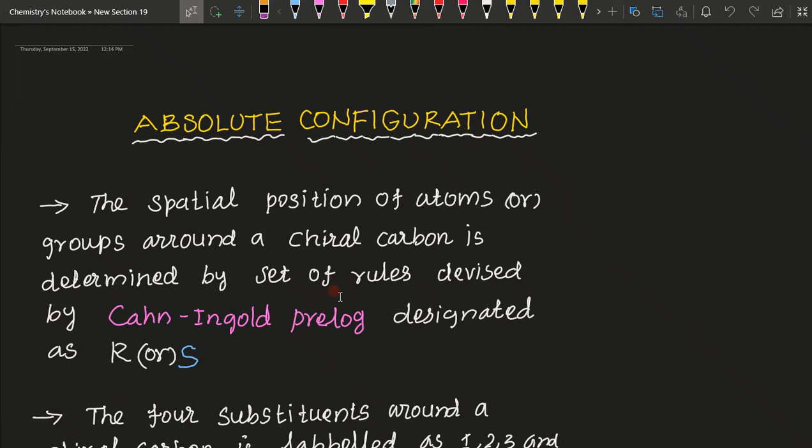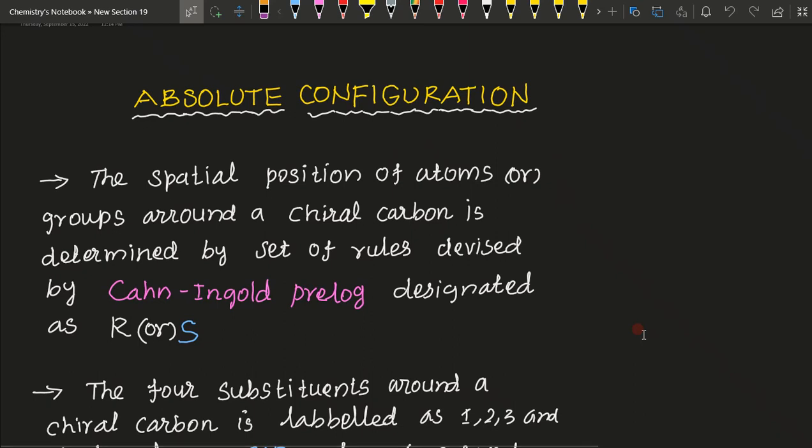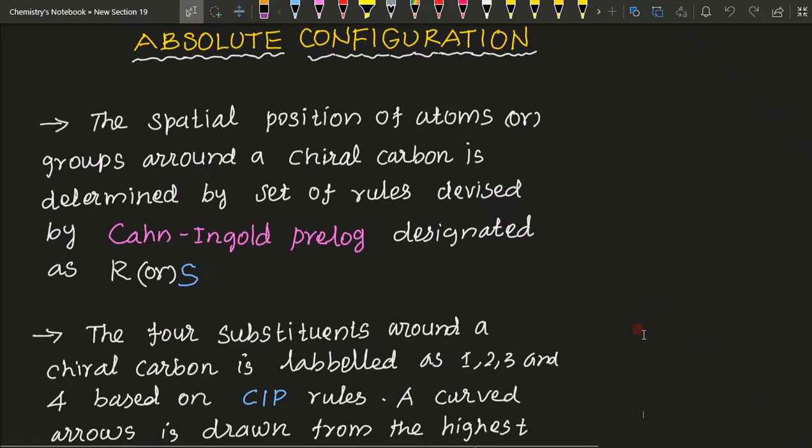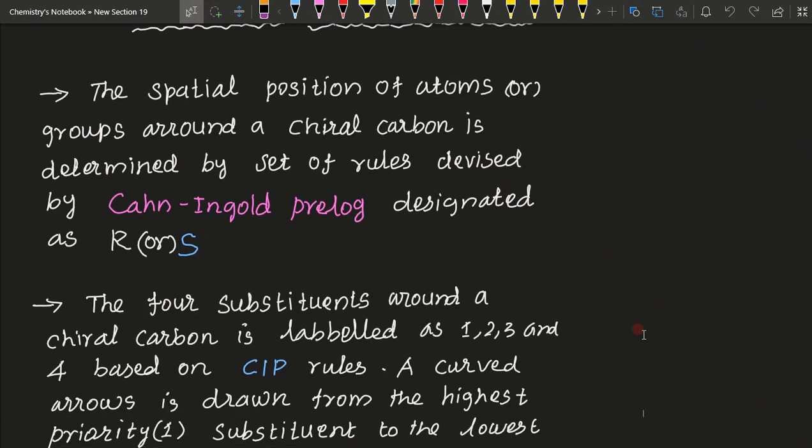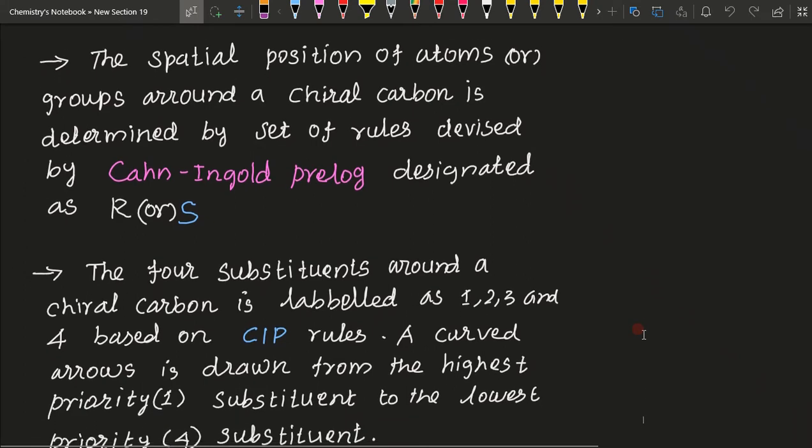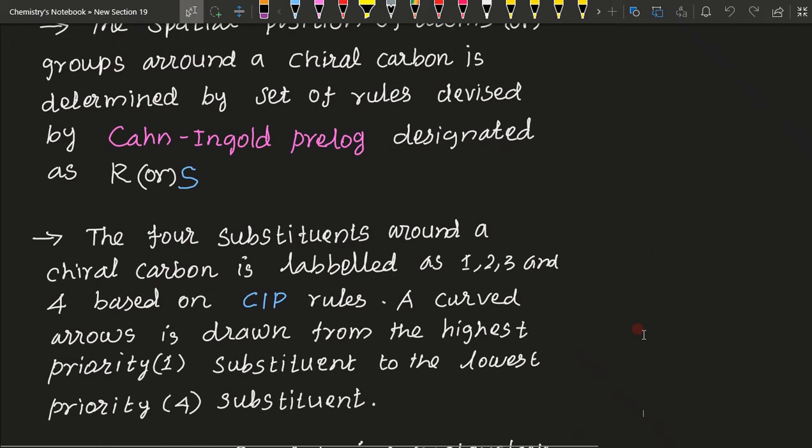The chiral carbon is determined by a set of rules devised by Cahn, Ingold and Prelog, designated as R/S configuration. The four substituents around a chiral carbon are labeled 1, 2, 3 and 4 based on CIP rules.